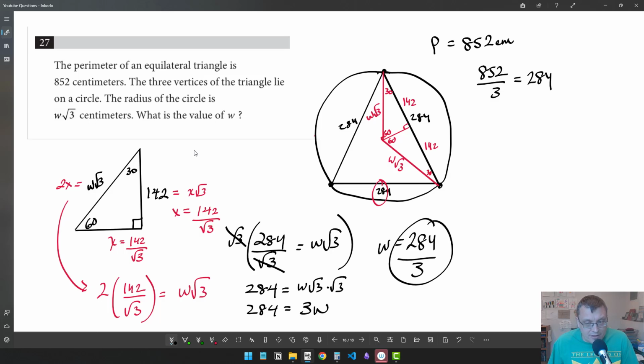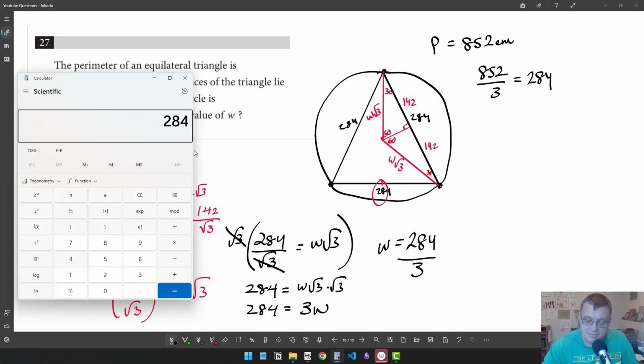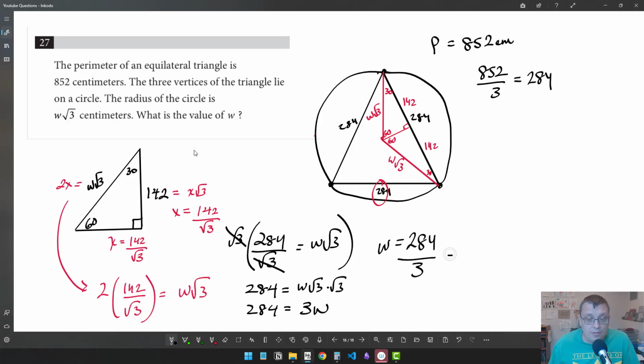That is a perfectly valid answer. If you put this into your calculator, you will get some decimal, 94.6 repeating. So another possible answer would be 94.66. So we just truncate. We write as many digits as we can and we truncate. Or you can do the same thing, but instead of truncating, we can round, because there's a 6 here, so it'll round the next 6 up to a 7.